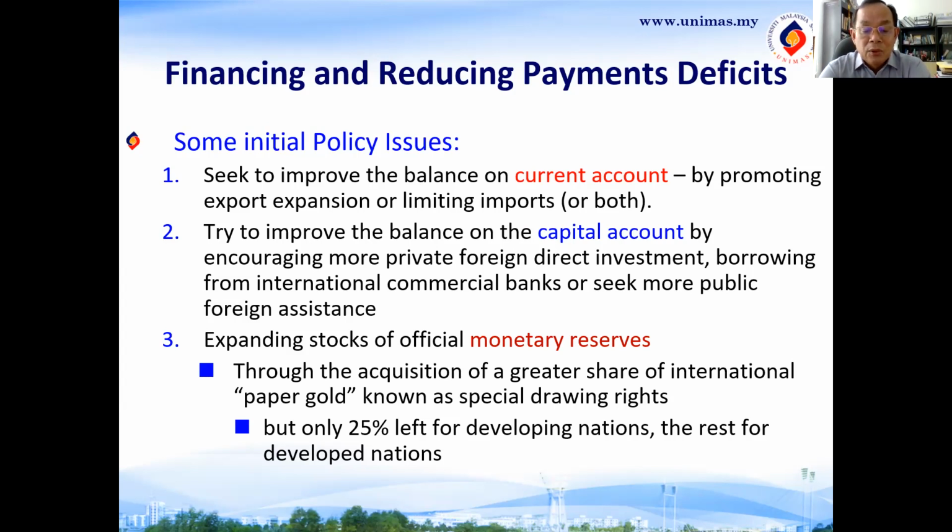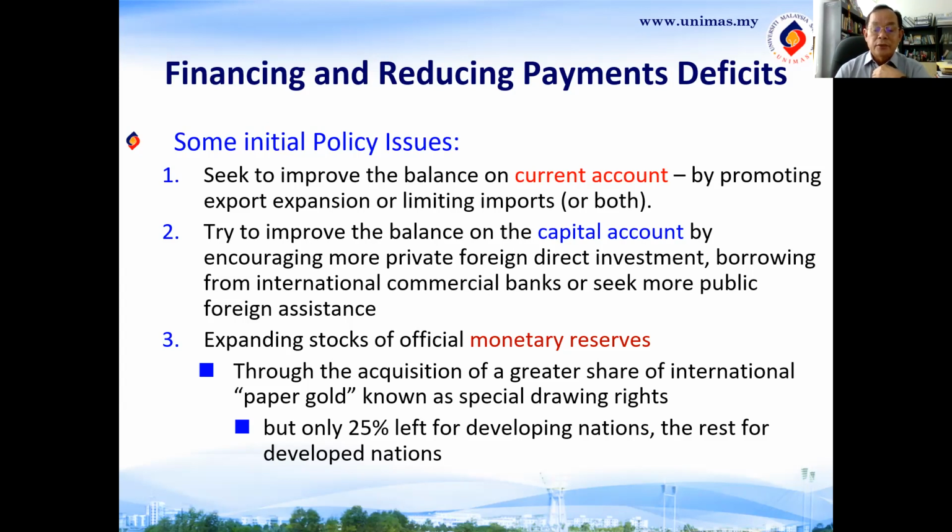It's called paper gold because it deals with the rights to withdraw from the international monetary reserve. However, the issue is that only 25% of the right to withdraw the paper gold is left for the developing nations, and the rest is actually for developed nations.